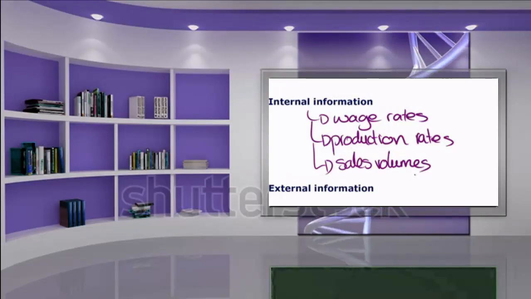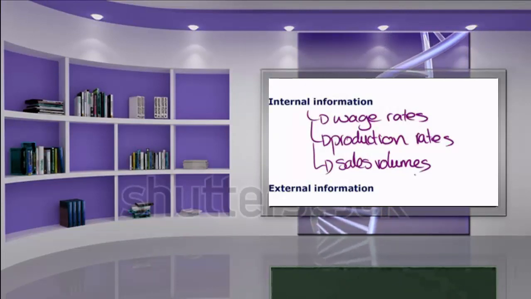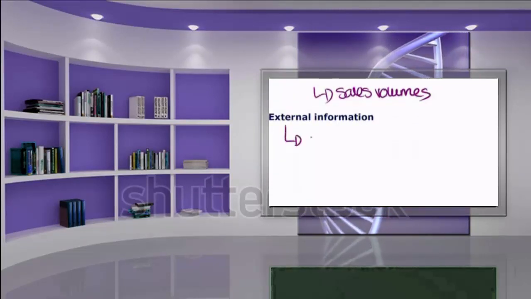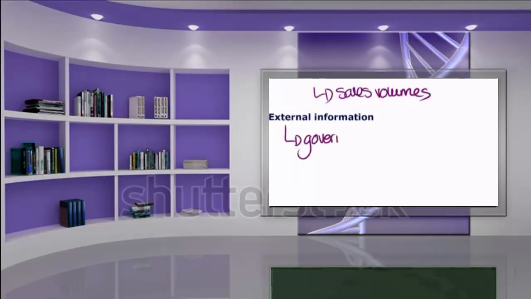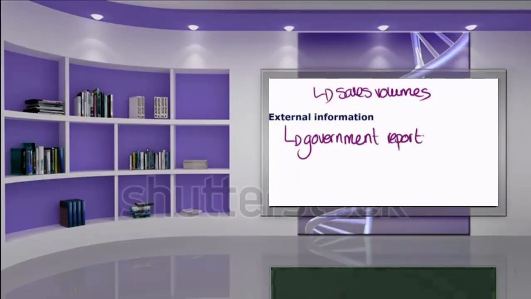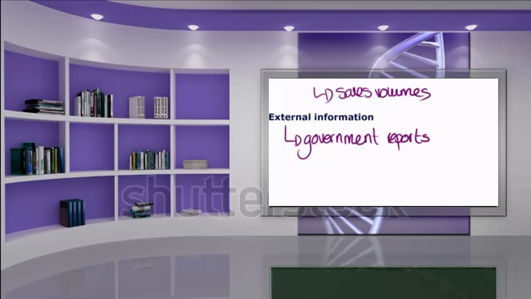However, we may also source information externally. One of our key sources of external information would be government reports and statistics. What might be included in government reports that would be of interest to us as we run our company?